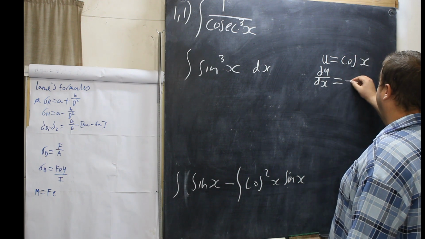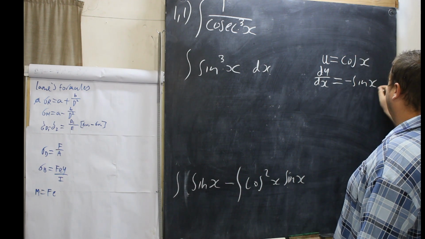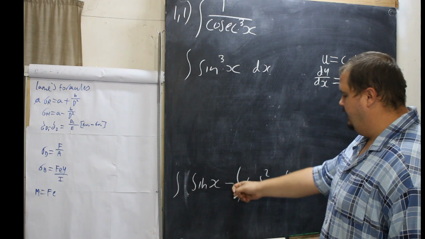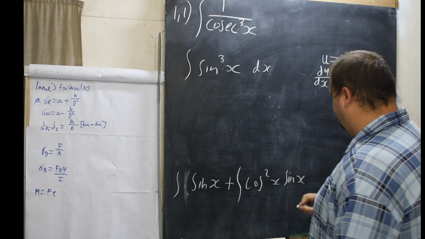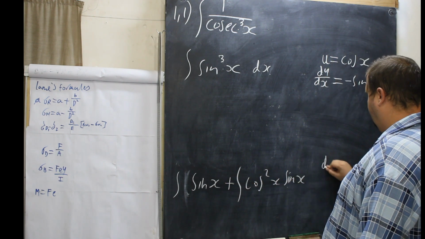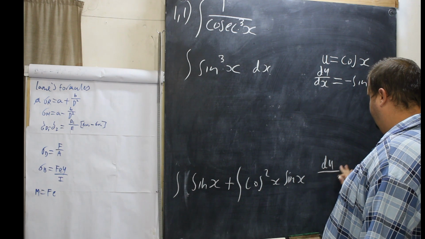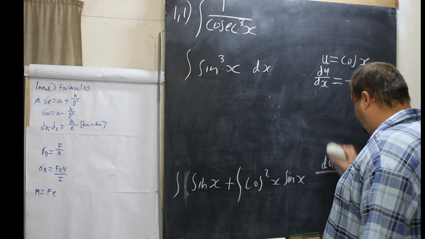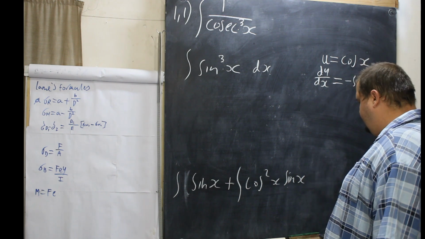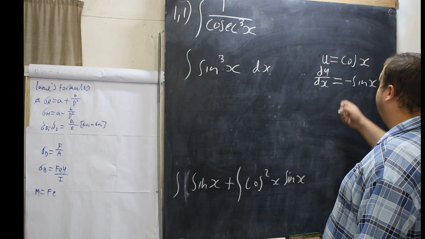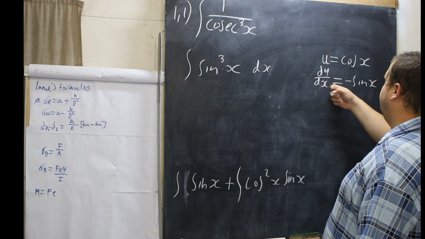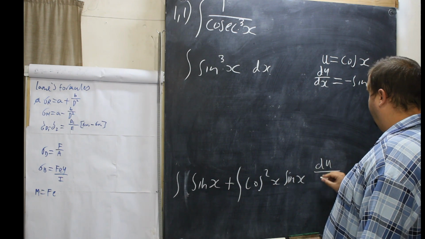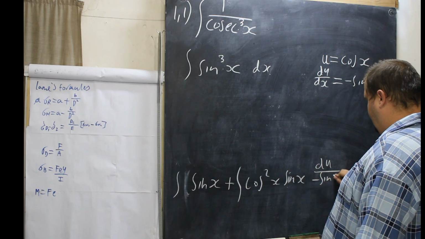The differential of cos is minus sine x. So this is minus times a minus is a positive, and we want du, so that goes there and that goes there, so dx equals du over minus sine x.